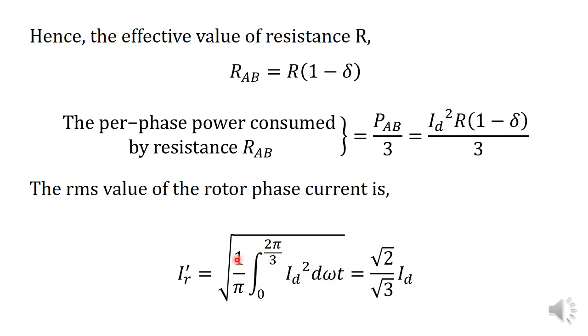This equation is written from the waveform that we have seen earlier. It is equal to root 2 by root 3 into ID. So we can write ID is equal to root 3 by root 2 into IR dash, and this is to be substituted here for ID.